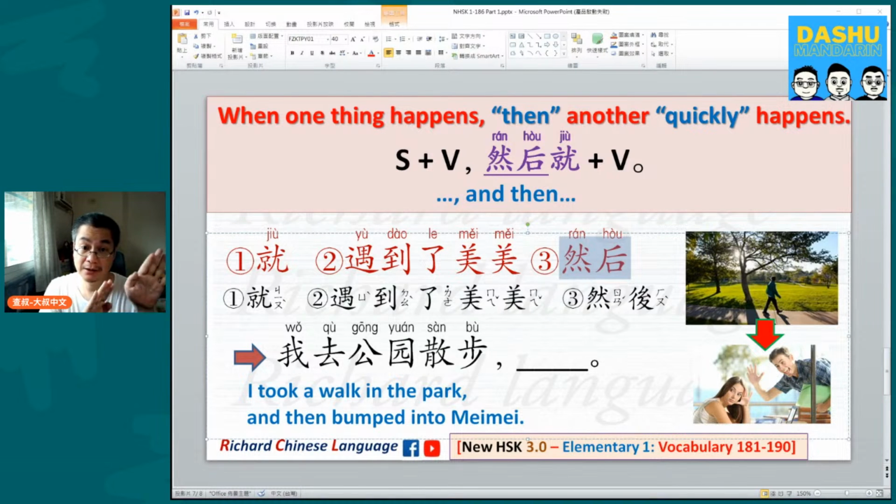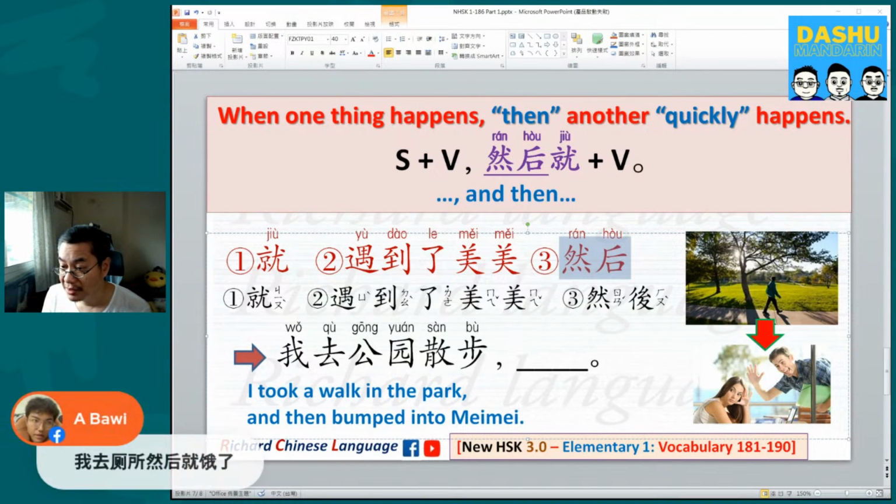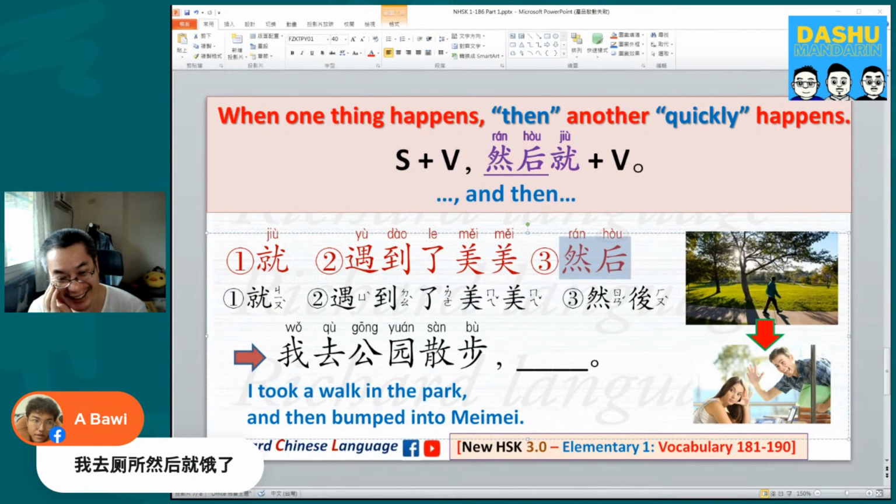Remember, 然后就 and the order is like this. Just read it many times and memorize it. Keep in mind, 然后就 is like and then in English. 我去厕所，然后就饿了. Okay, interesting.